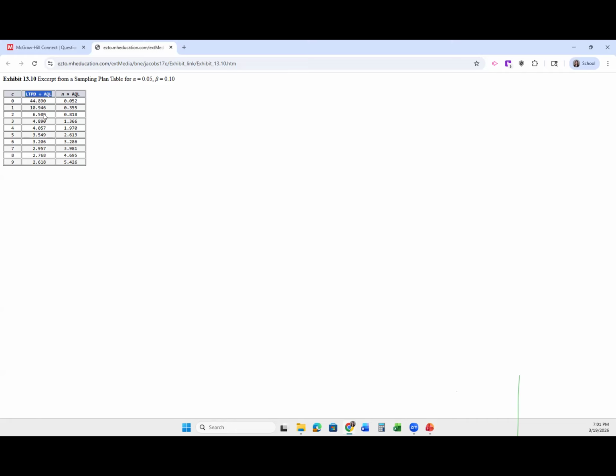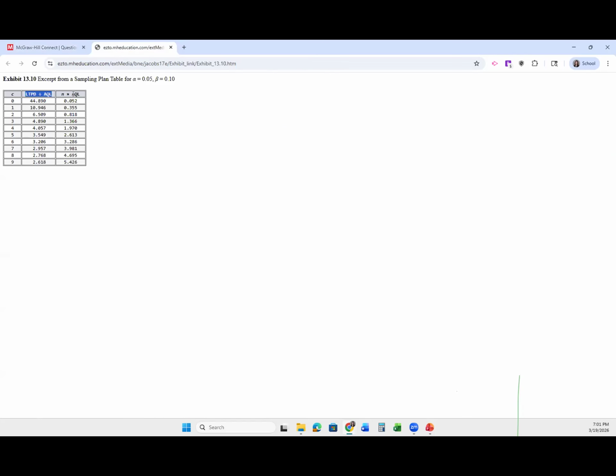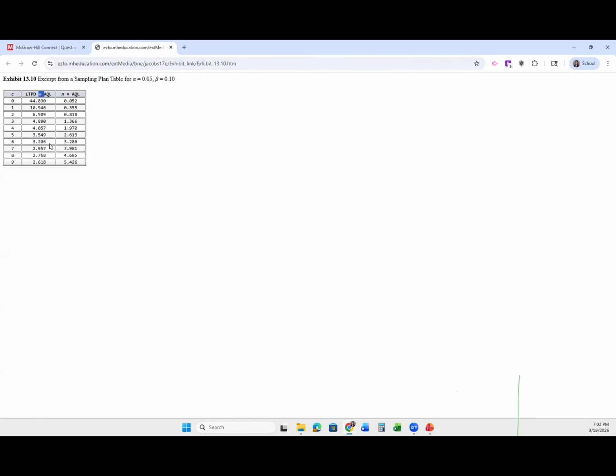Because we need to find this one, and once you find that, you will be able to find the acceptance sample. N is equal to, using the LTPD divided by AQL numbers, 2.923. This is really similar to here. So we find the numbers here, then you will be able to find that N times AQL will be 3.981.